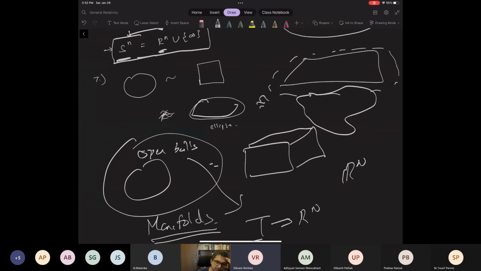So what is the formal definition of an isomorphism? Yeah, so an isomorphism is a one-to-one correspondence between two sets, in this case two topological spaces, that preserves binary relationships between elements of the set.